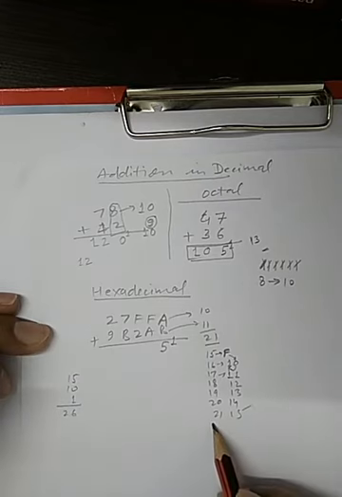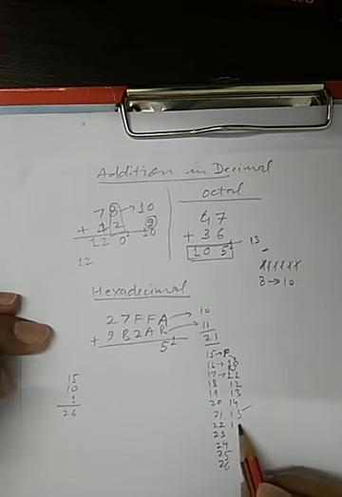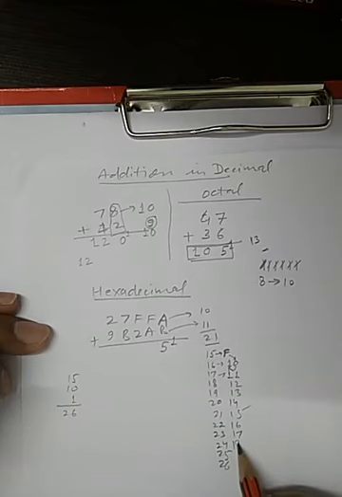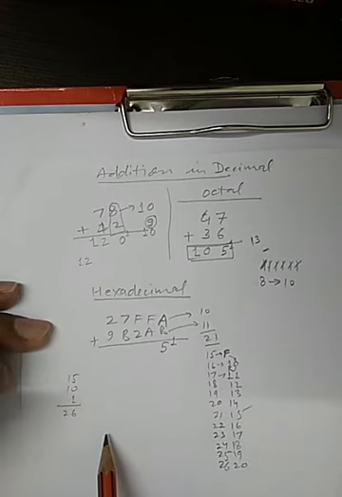26. So how can 26 be written? Let us see: 16, 17, 18, 19, 20. Look at this one. What is happening over here?